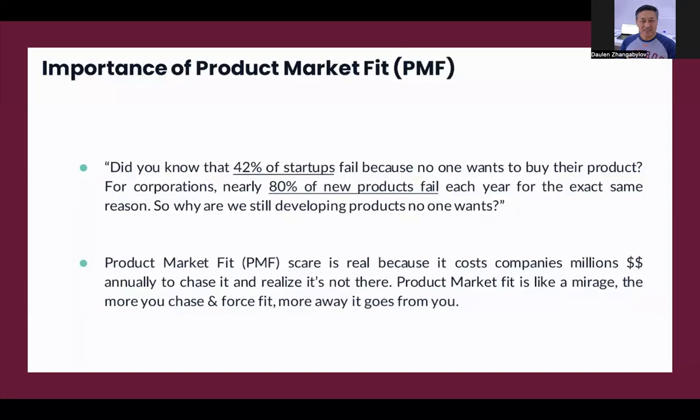So the question is, why are we still developing products no one wants? The product market fit problem is real, it's not a joke, because it costs companies millions annually to chase it and realize it is not there. Product market fit is like a mirage: the more you chase it and force it, the more it runs away from you. I love this example.